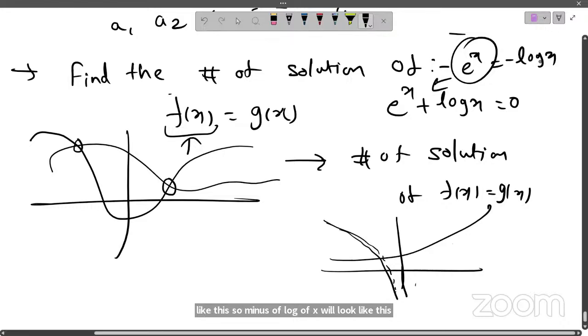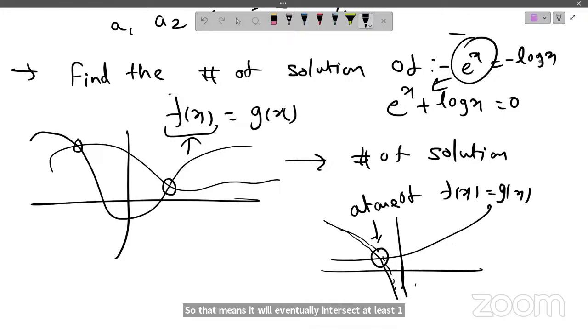So that means it will eventually intersect at one point. So there is only one solution for this equation. This is the concept for finding the number of solutions using the graph of functions. This is clear? The f(x) equals g(x) case.